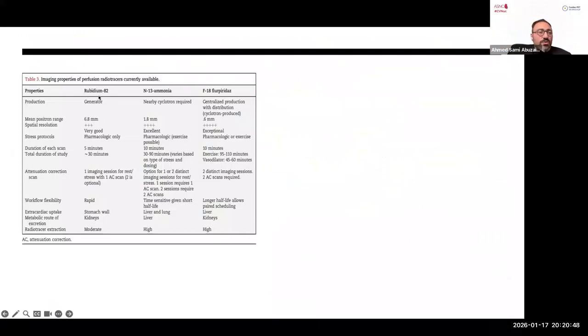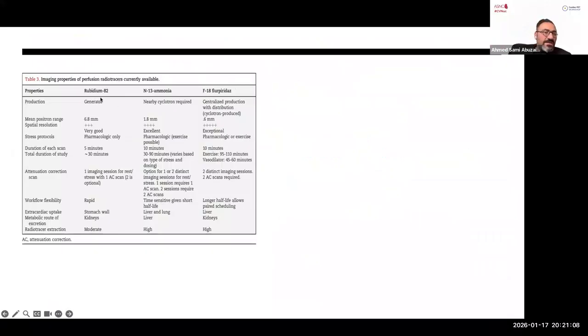Historically, we do rubidium, which doesn't need a cyclotron; it's generator related, with all these characteristics that you are more expert in than me. If you have a cyclotron nearby, you can handle it with ammonia. And then the new tracer, flurpiridaz.